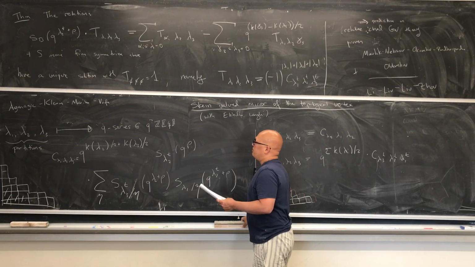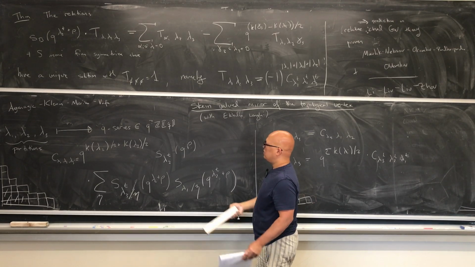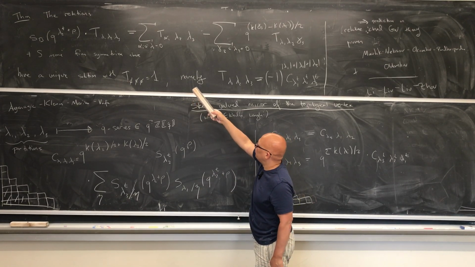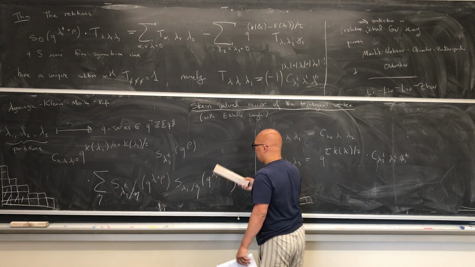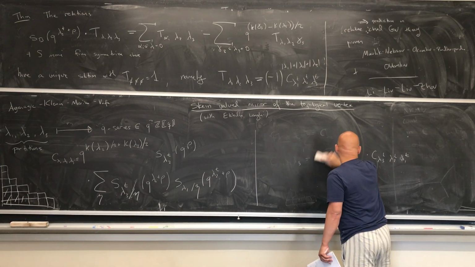So the proof of this theorem has two parts. I should first of all tell you that these relations hold for this guy, and then second of all, they determine it uniquely. So let me first show you that they hold.